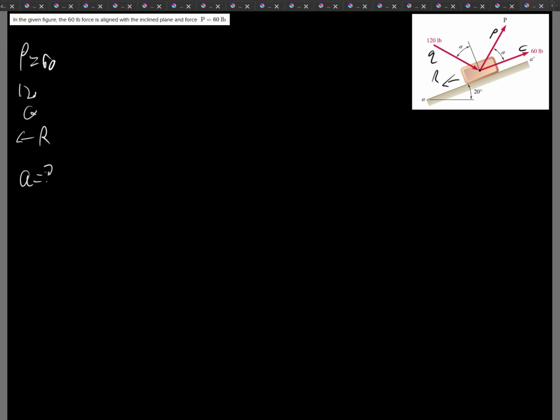So what we could do is we could list all of our points. Let's sum some of the forces in the x direction and some of the forces in the y direction.